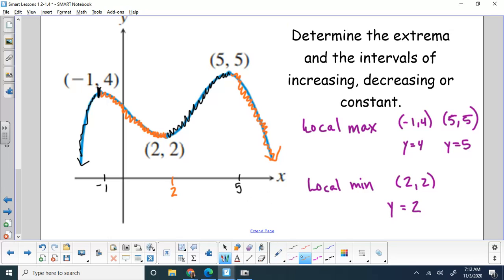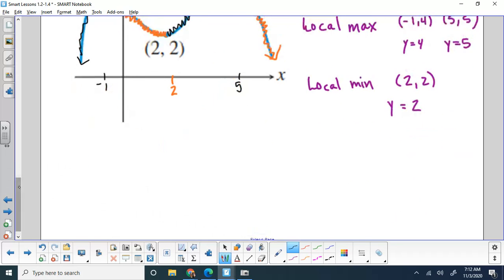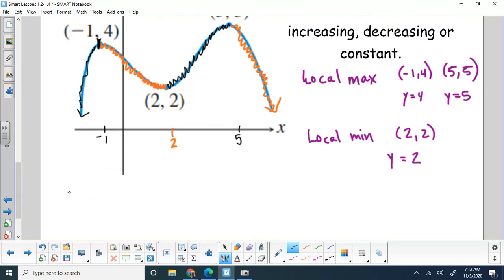So at this point, we're going to write our increasing and decreasing intervals based on what we just traced of our function. So I'm going to say we are increasing from -infinity to -1. And then we're also increasing from the value of 2 to 5.